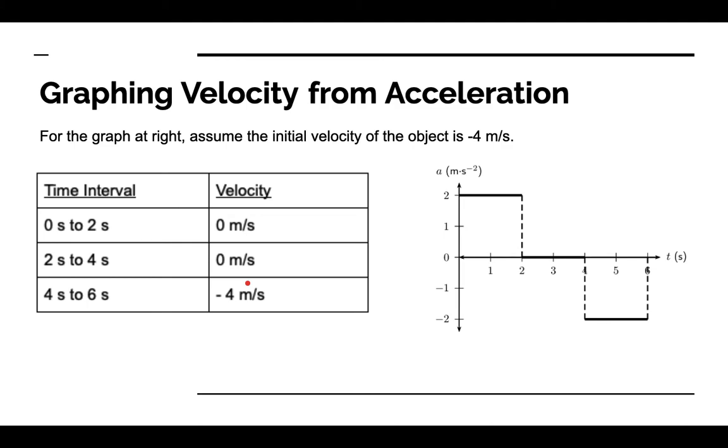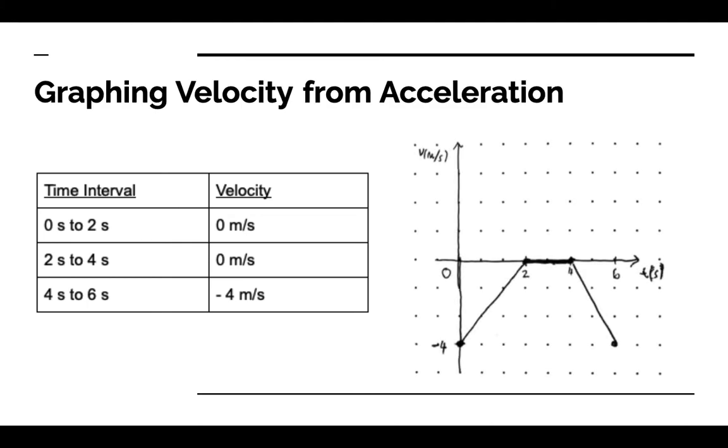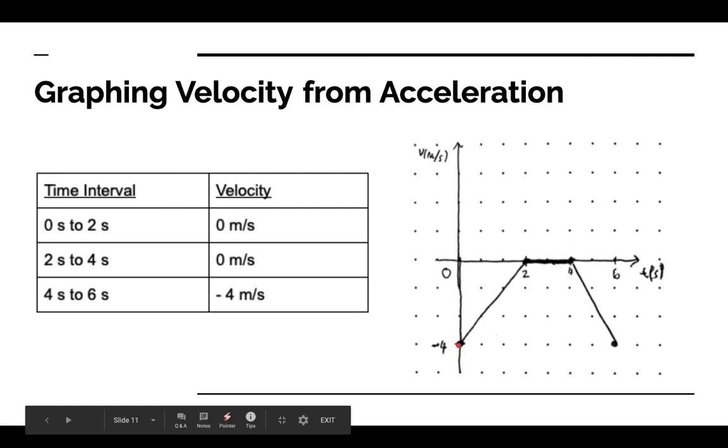So now we can graph our velocity versus time graph. We don't have to do motion analysis like speeding up or slowing down, because we're not going to have any parabolic curves or anything like that like we see with position versus time graphs. We're going to have simply a connect the dots case. So we have negative 4 meters per second to start. At the end of 2 seconds, we have 0 meters per second.